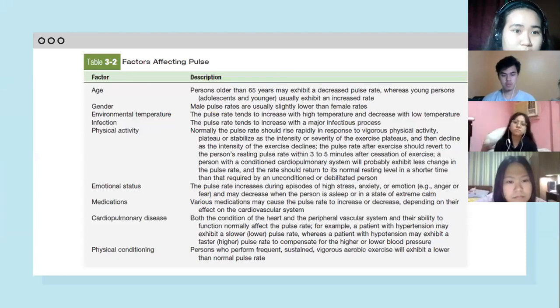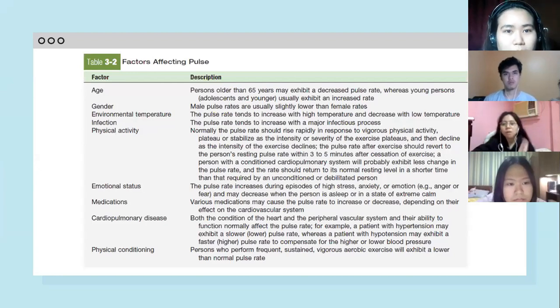Old persons have a decreased pulse, and athletes or those who exercise often will exhibit a lower pulse rate. So with this one, brush up on your physiology because it will explain why the heartbeat of athletes is slower. It is because of their increased cardiac output. Of course, with increased cardiac output, more blood is transferred, so there's no need for the heart to beat many times. The heart can send the blood with just a few pumps, okay?